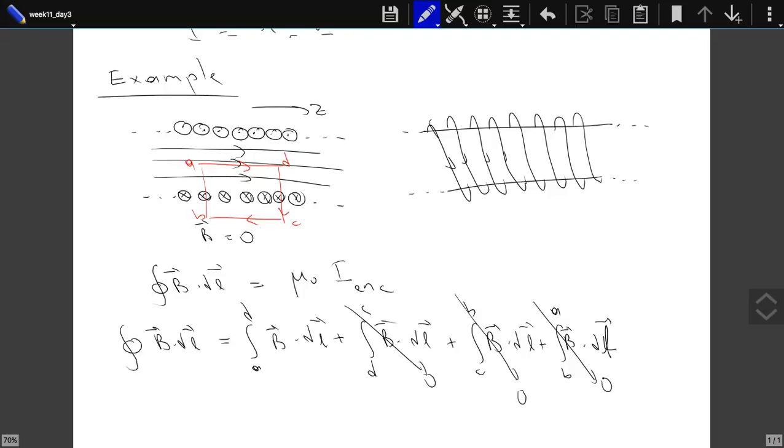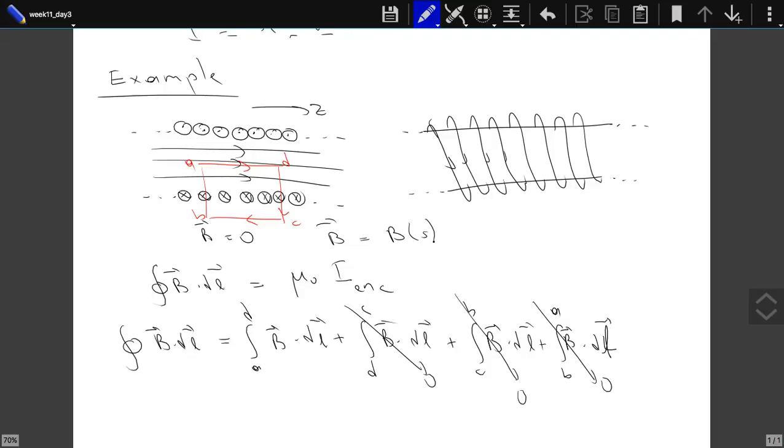Now, from A to B, we know that the B field is along the z-axis, either positive or negative. So let's just say that the B field can depend on S, the distance from the center of the solenoid. It cannot depend on the z coordinate, because we have translational symmetry. Nothing should change as I change the z coordinates of my points.